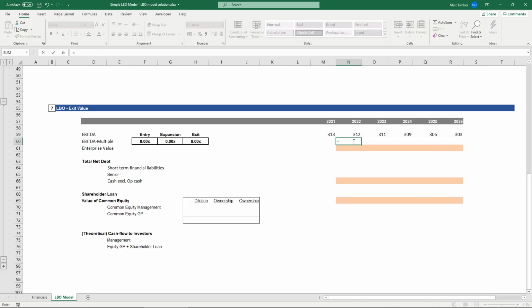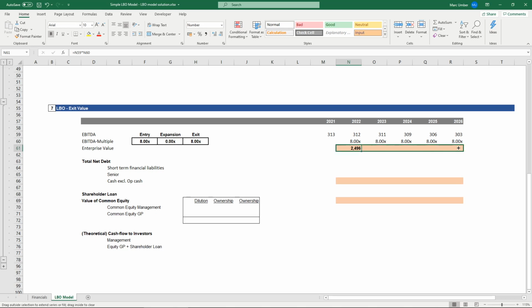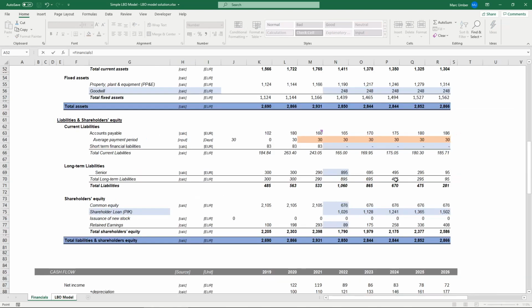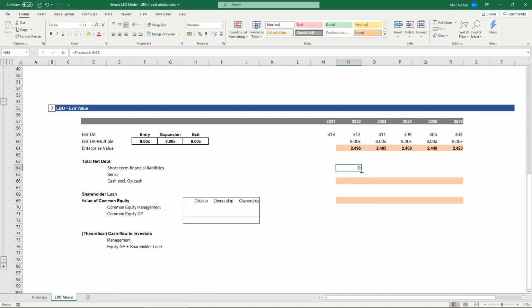If we assume an exit multiple, we can simply calculate the estimate on an enterprise value at the end of the respective year. Now the total debt is the short-term financial liabilities in the balance sheet. Year 2022, this is equal to 0.